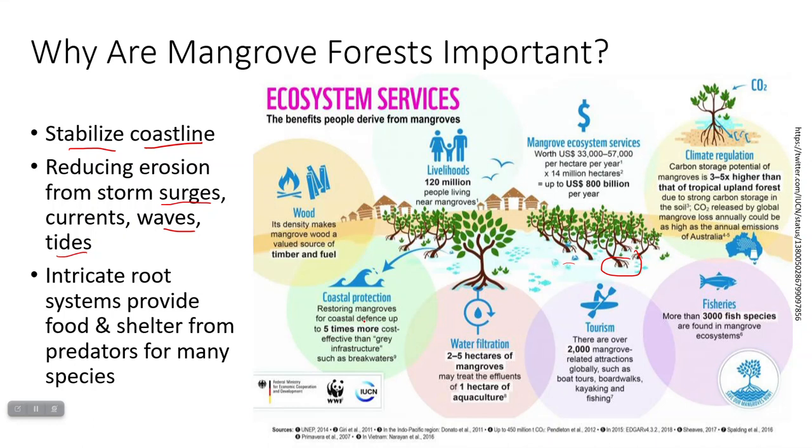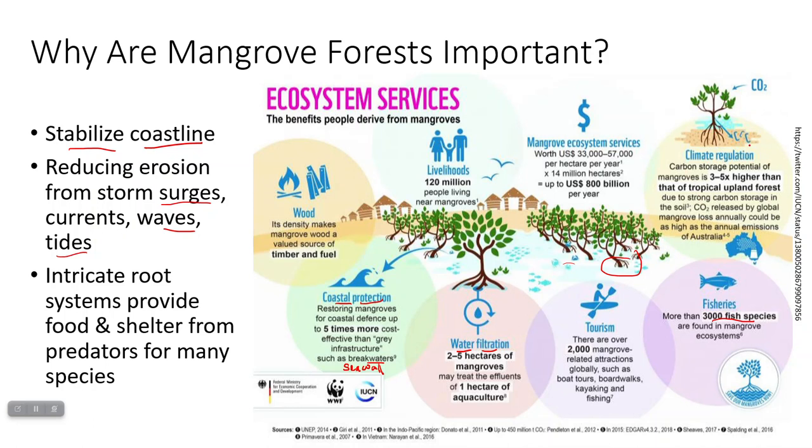For example, they protect the coastline better than things like breakwaters, or if you've ever been to Galveston and seen their seawall, mangrove forest would do as well, if not better. They can also filter water, so they are important to help maintain water quality. Then they are also going to be fisheries, so a lot of fish species will live there.